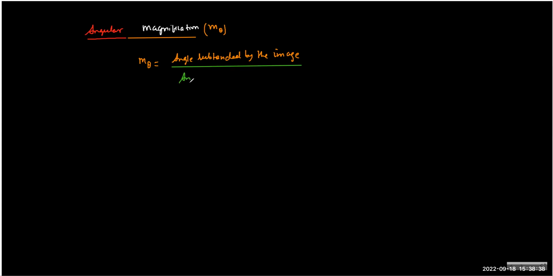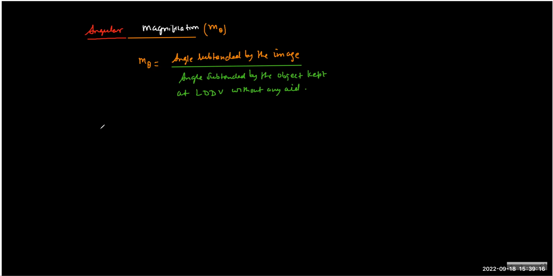What I'm going to write is very standard, again a standard that we defined earlier: the angle subtended by the object kept at least distance of distinct vision without any aid. So the denominator is very much standard. We cannot change it. The numerator will change depending on the situation.